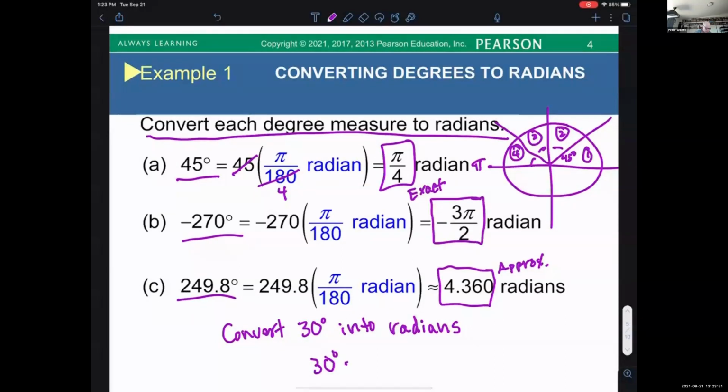I would multiply it by pi divided by 180. And so if I do that, I can do a little simplification as a fraction. For example, 180 can be factored into 30 times 6. And then I can cancel the 30 in the bottom and in the top. And that's why we end up with a pi in the top and a 6 in the bottom. And that would be the measurement in radians.